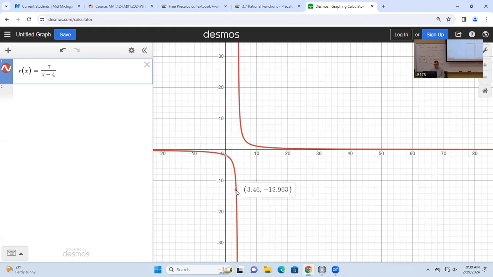With x values that are below 4, it's shooting off to negative infinity. That's what we mean by that arrow notation with the plus minus. Plus just means a little bit above that number, minus means a little bit below that number.